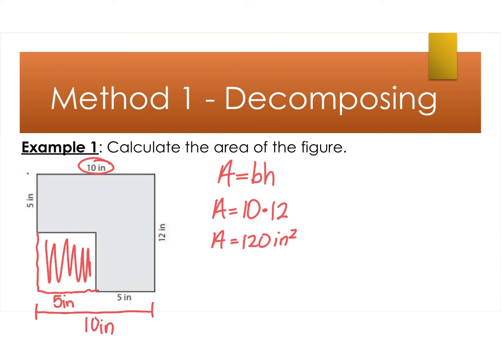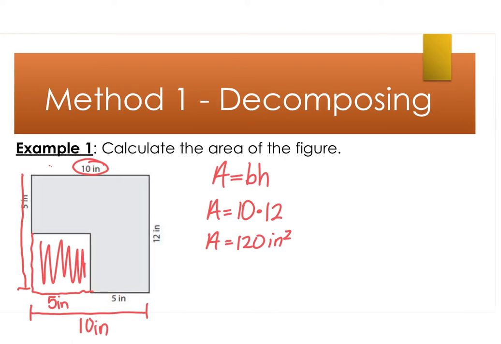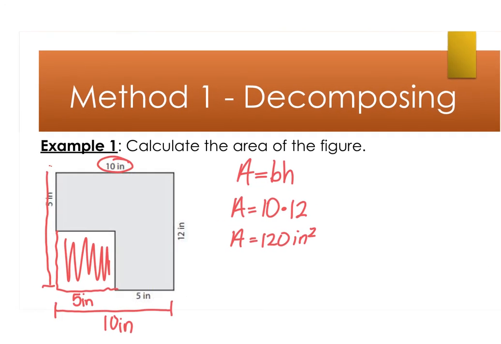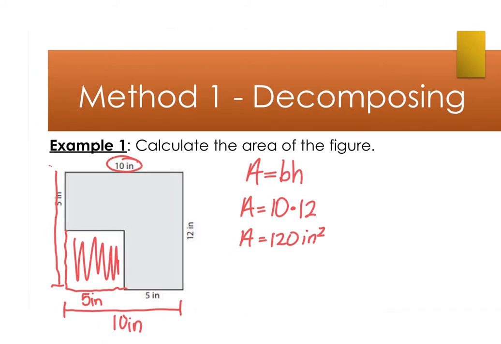Now I'm going to do the exact same thing on the other side. The whole length is 12. I see that over here. The smaller length here is 5. So 12 minus 5 is 7.